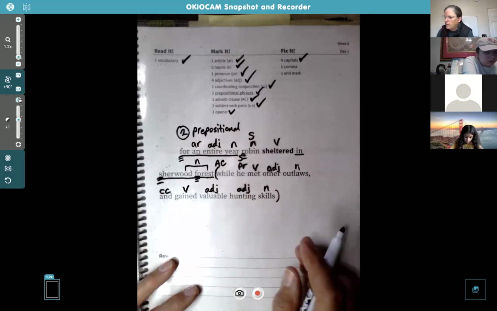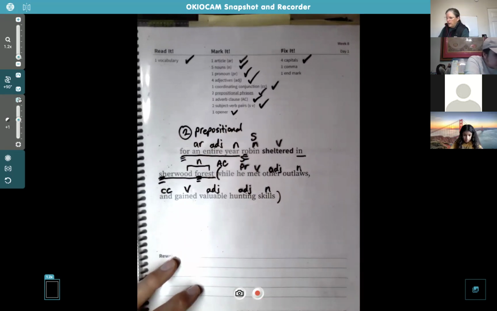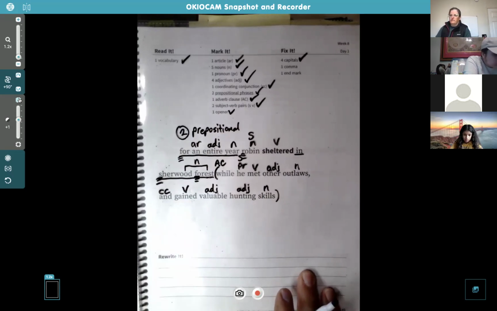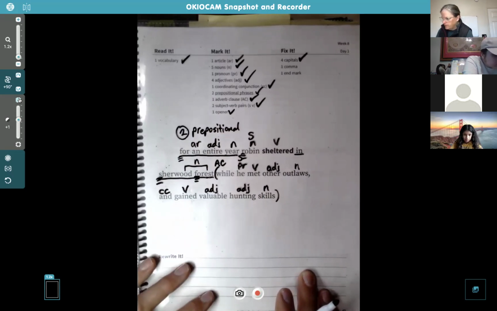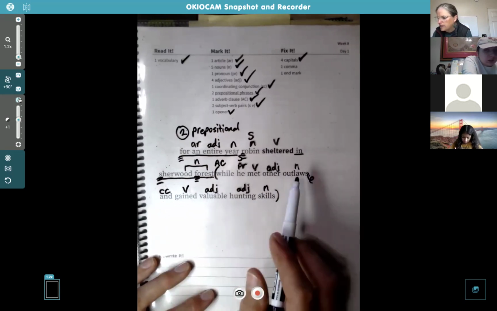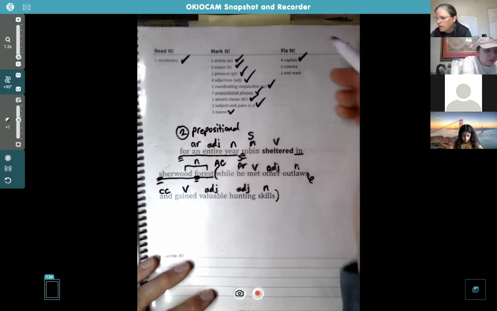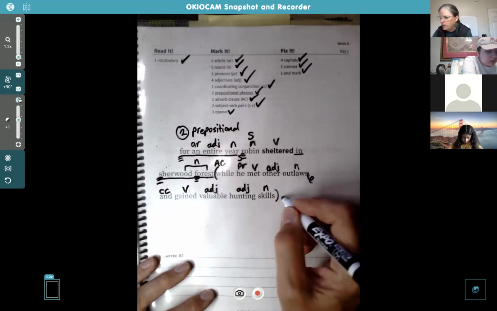Now we have a comma rule. William, we just talked about this. Actually, no, it doesn't apply on this one. But what is the comma rule? Take this one out right here because it's just listing 2 things that he did. He met and gained. So no comma for that. Very good. And then end mark is a period.